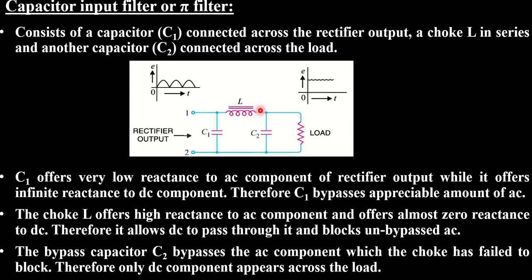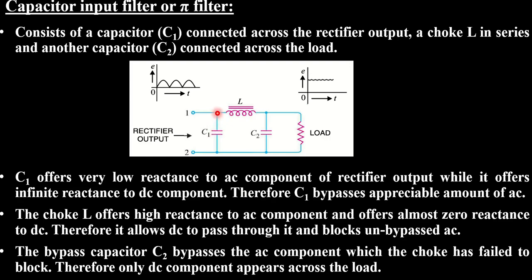Now the actions of these three components are the same as previous cases. The rectifier output is applied across the terminals 1 and 2 of this circuit, and the rectifier output reaches the first node. The AC component is bypassed by the capacitor C1. Bypass means C1 offers a low resistance path to the AC and a high resistance path to the DC.